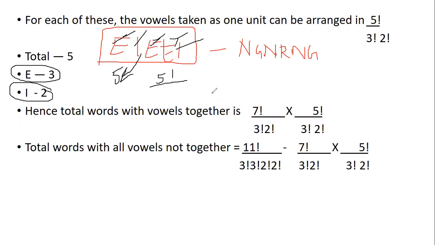In those 5 vowels, 3 are E and 2 are I, so there is also repetition.